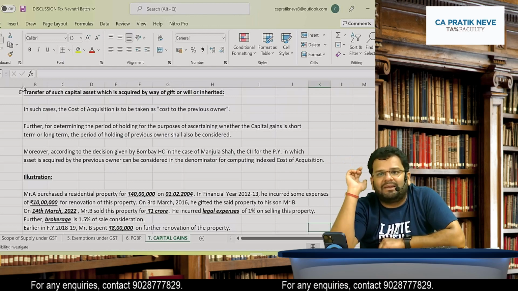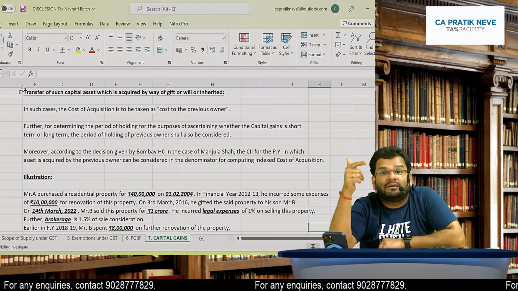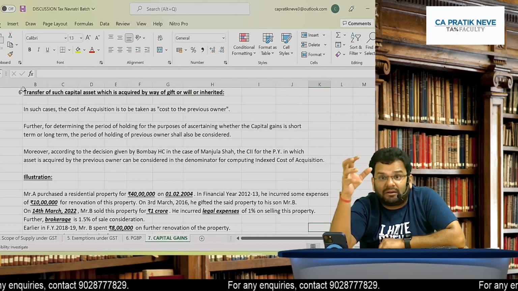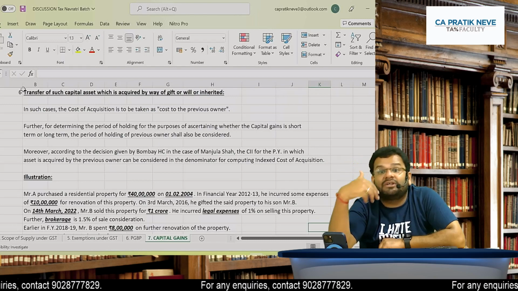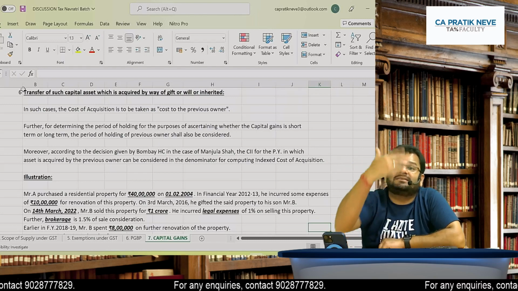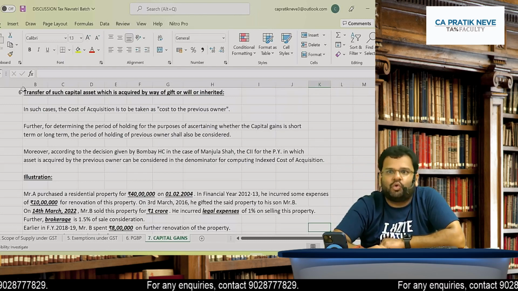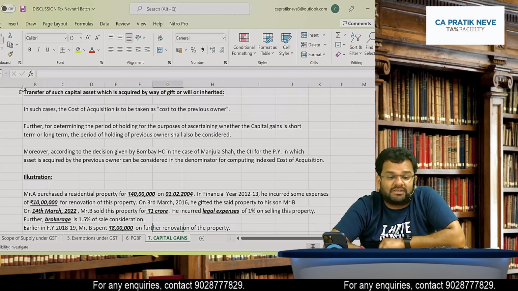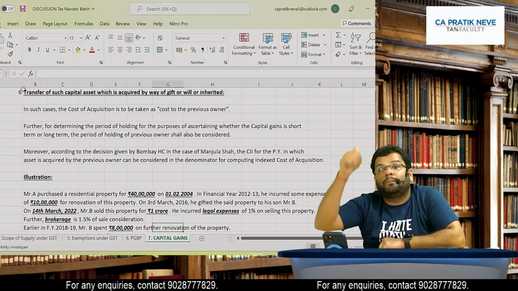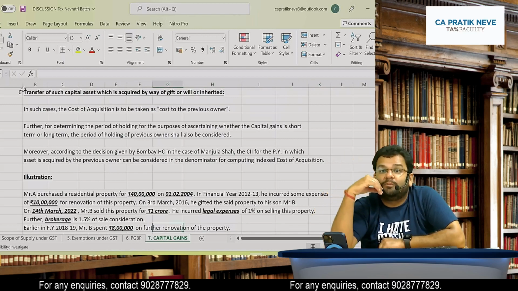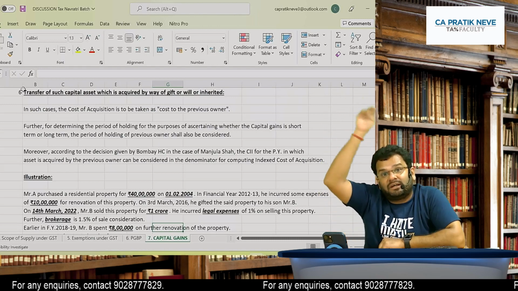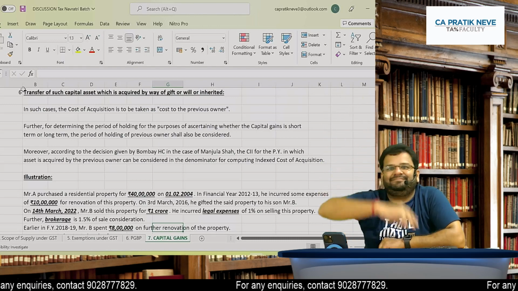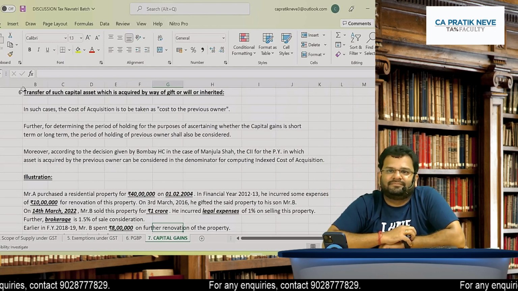Aditya is not paying anything actually, but he's getting a chance to claim deduction when he sells the land. That is the whole point. In short, cost of acquisition in such cases will be cost to the previous owner. Previous owner is his great grandfather. Agreed?